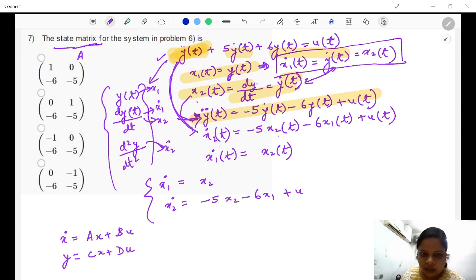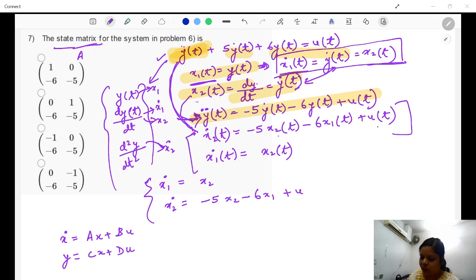So x2 dot of t is minus 5 y dot t को हमने x2, because y dot t was x1 dot t which is x2, तो उसको लिख दिया, minus 6 y(t) को हमने लिखा x1(t), right, from here plus u(t). And यहाँ से तो हमने कह ही दिया था कि x1 dot t is equal to x2(t). So eventually we end up with these two equations.